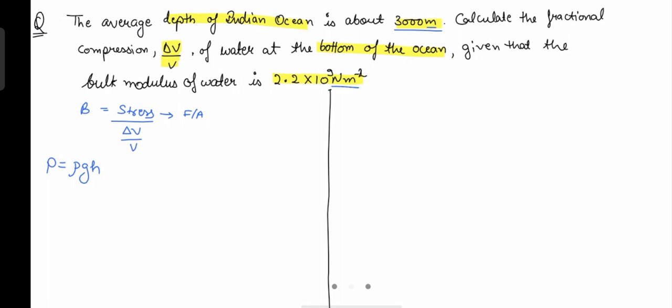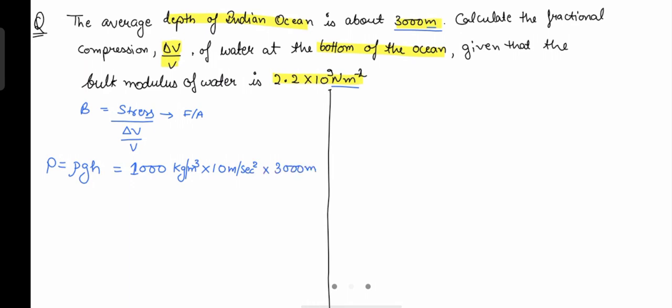Let's put in each of the values one by one. First, rho is 1000 kg per meter cube. Then g we can take as 10, the gravitational acceleration, and the unit is meter per second square. Then h, the height, is given as 3000 meters.